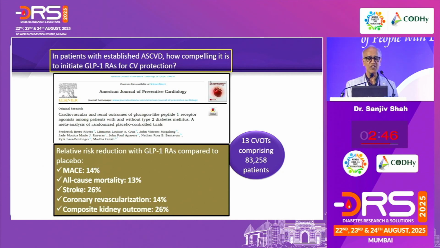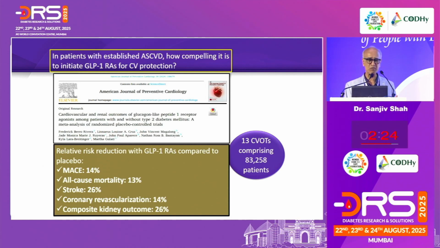If we go beyond, this is all 13 CV outcome trials with GLP1RA, 83,000 patients, uniform, irrespective of homology of the GLP1 molecule, structure, different design, different patient population, but a universal 14% risk reduction for 3-point MACE.